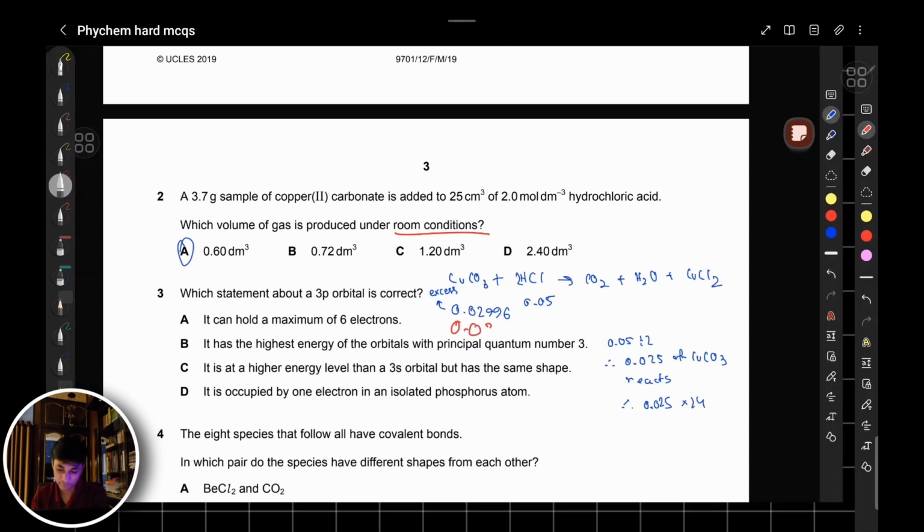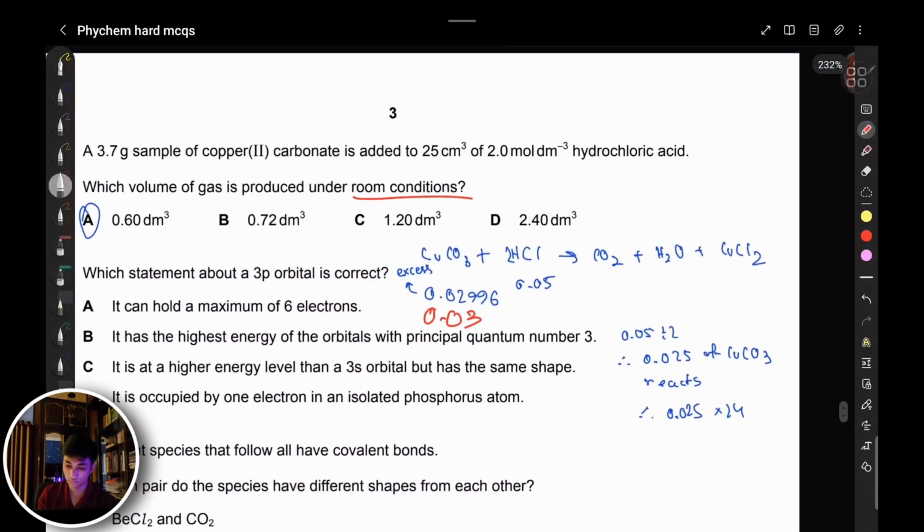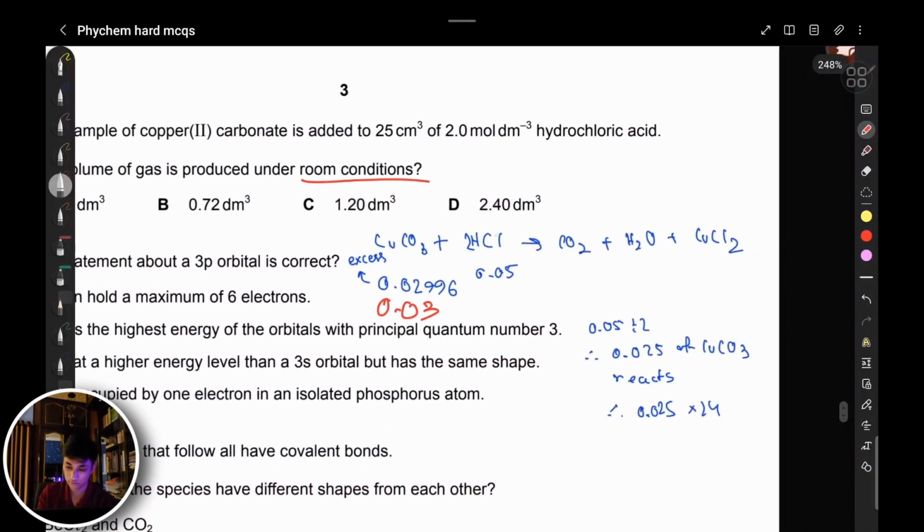So if we say it's 0.03 and it's reacting with 2 moles of HCl. Oh, so 2 moles of HCl will only react with 1 mole of CuCO3.